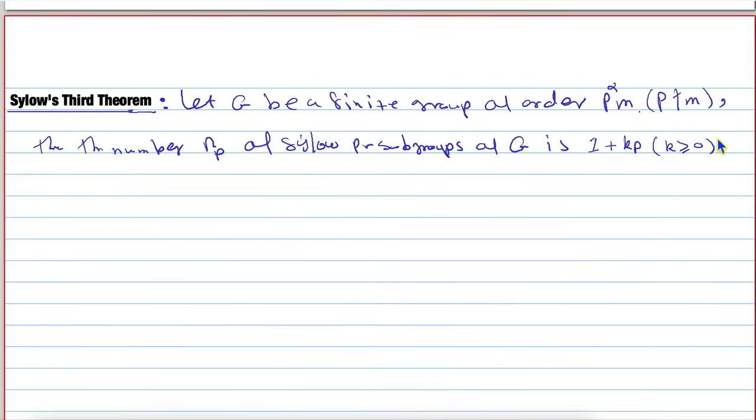Okay, and furthermore, this number n sub p divides m. Okay, in some texts you will find it says n sub p divides the order of G, which we will show is in fact the same thing.